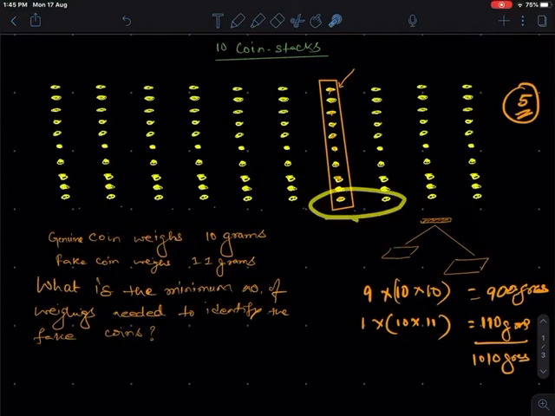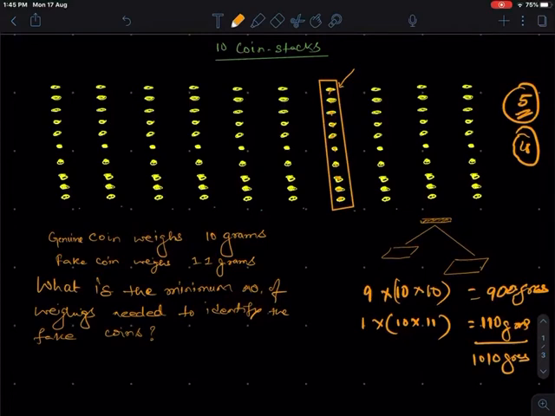So how many comparisons did it take? This took 1 comparison, this took 2, this took 3, and then I had to do one more comparison to find out which one of them was fake. So in total we can reduce it to 4.